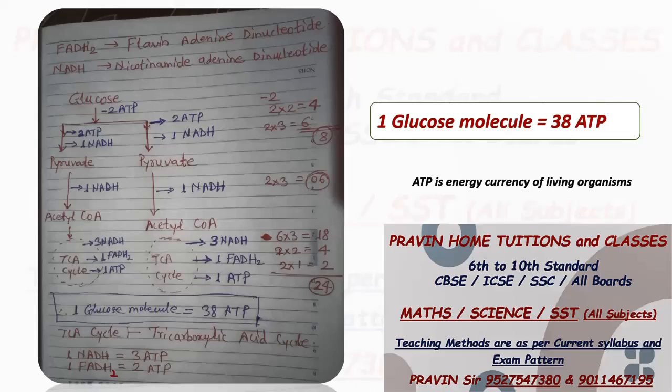Hello friends, in this video we will study when one glucose molecule is decomposed, how much ATPs are generated. ATP is adenosine triphosphate. It is energy currency of living organism.